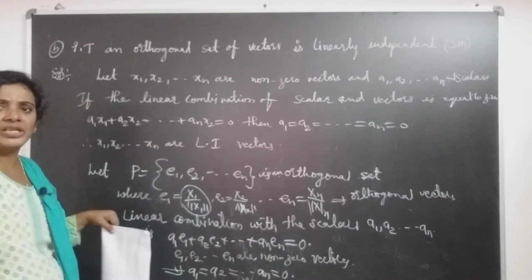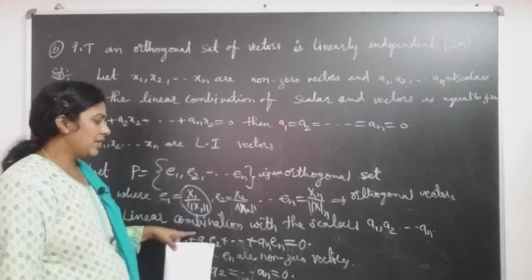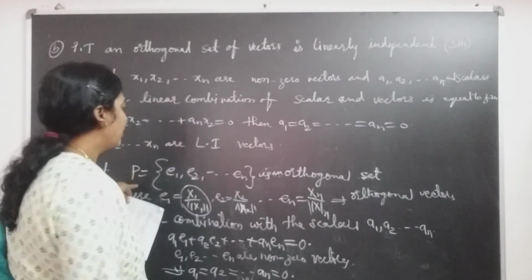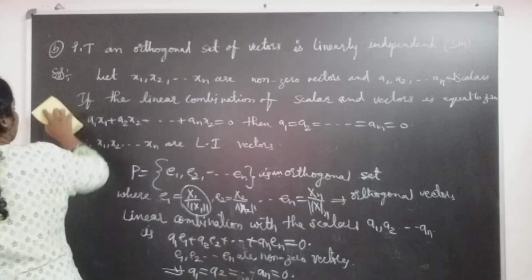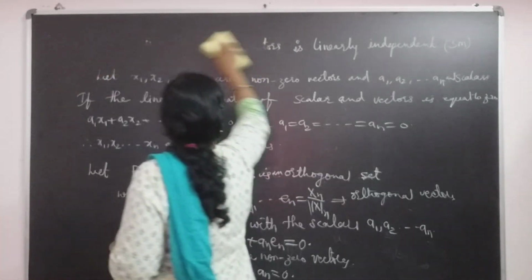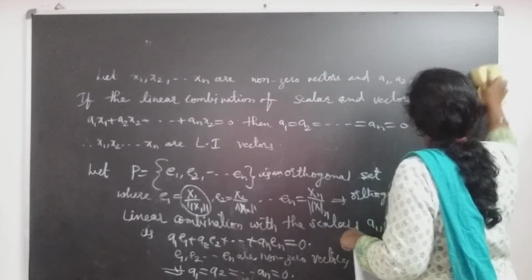If all scalars are equal to 0, then the set P, which we take as the orthogonal set, is clearly a linearly independent set.